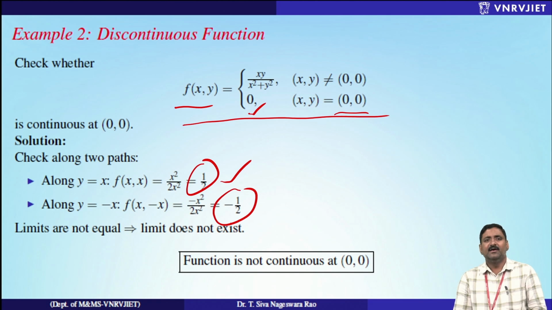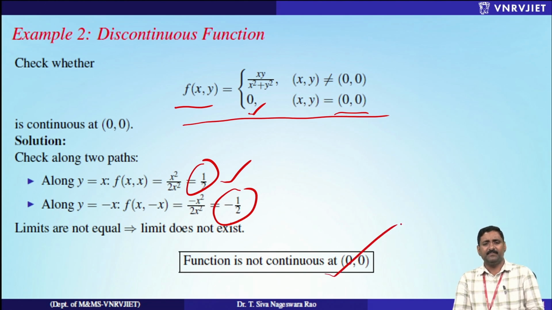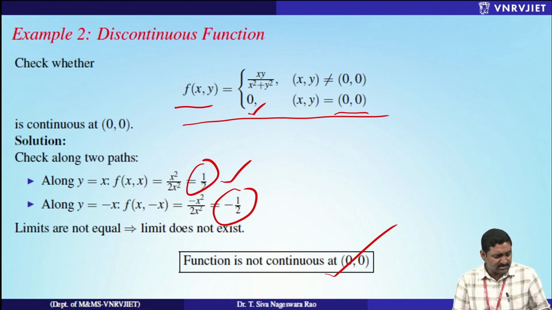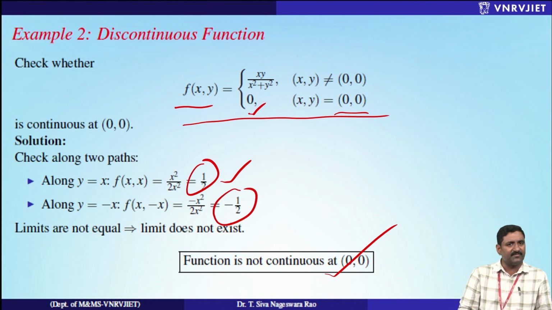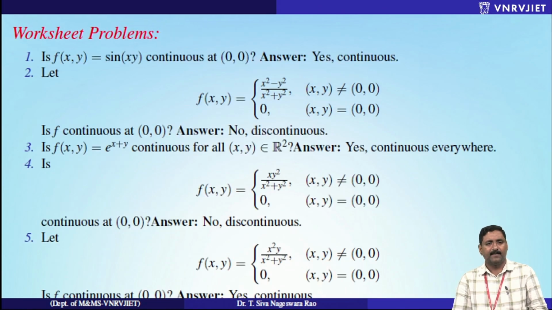I already told you that for discussing continuity, limit is necessary. Unfortunately here, the limit does not exist. We can say the function is not continuous at 0 comma 0. So I gave two examples: when is a function said to be continuous, and when is it discontinuous.